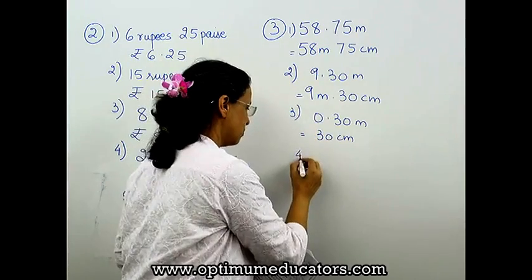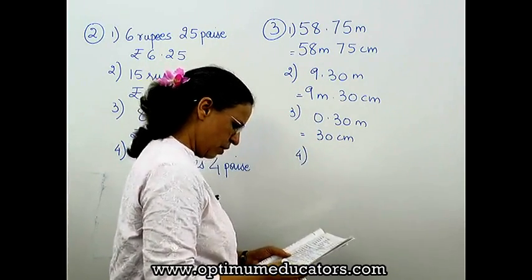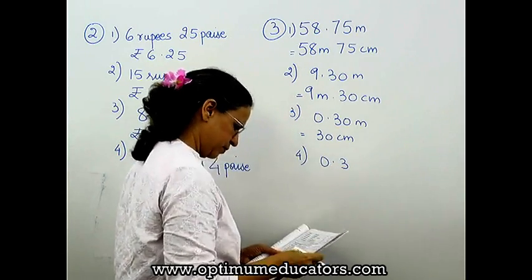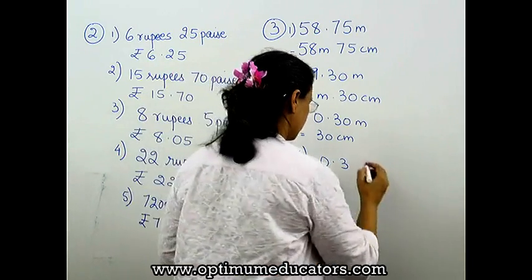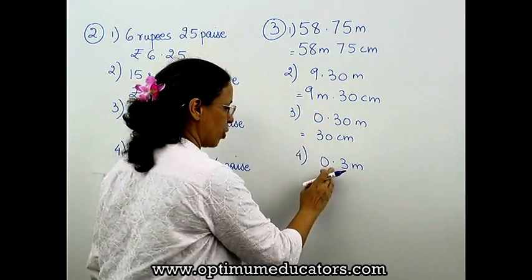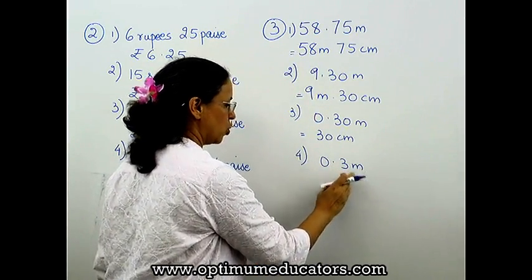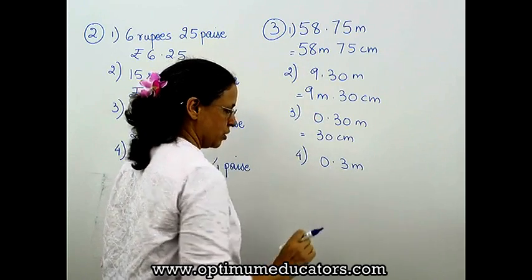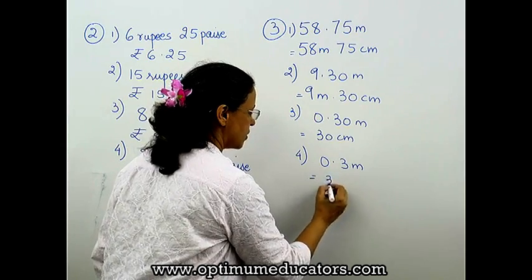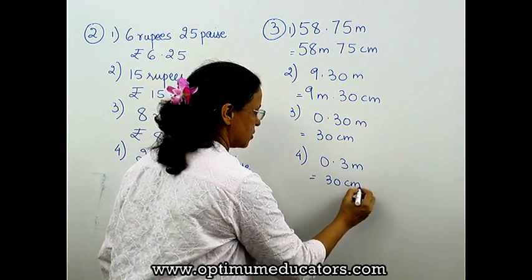The fourth sum, 0.3 meters. Now when we write 0.3, we actually know it is 3 out of 100. So this will also mean it is 30 centimeters.